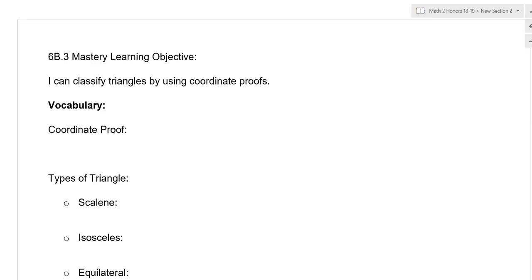All right, 6b.3 is classifying triangles by using coordinate proofs.